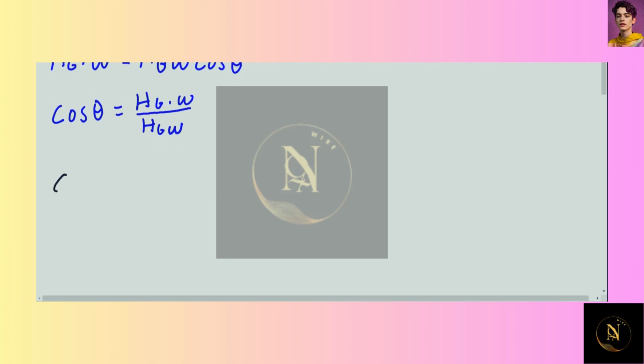So now we can plug in. Taking the dot product, we'll get 0.4055. And multiplying the magnitudes, we'll get 0.4321. So we can then write cosine of theta.